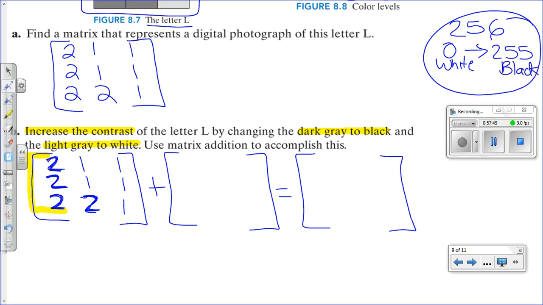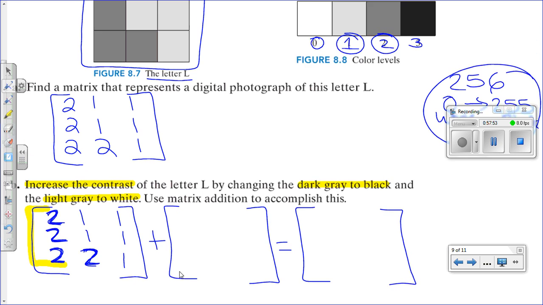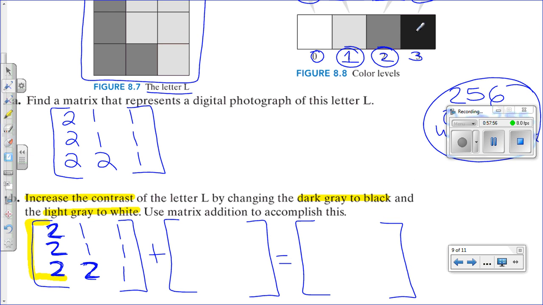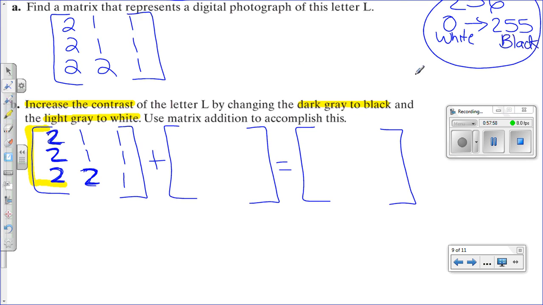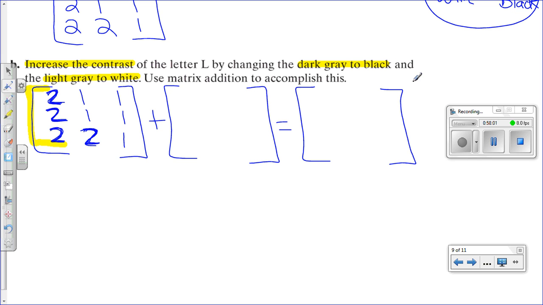And if you go back to the scale model or the conversion, we know that black is equal to 3. So we want those entries to be 3s. So what do we need to do to a 2 to turn it into a 3? And the answer is pretty obvious. You need to add a 1.